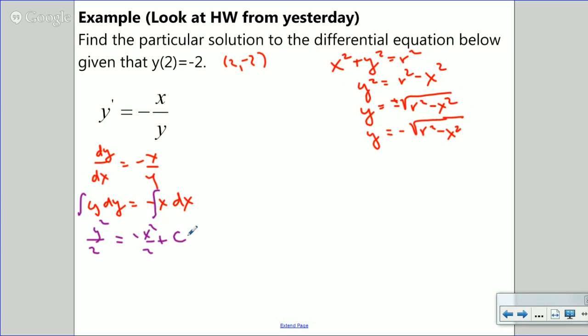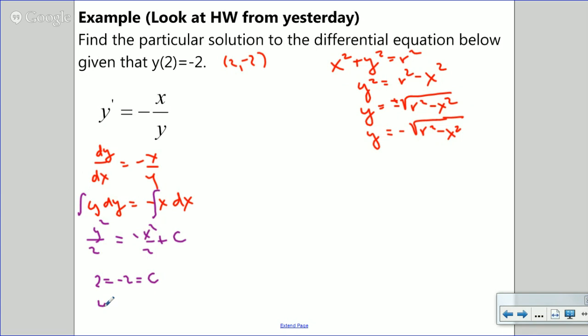So what do we do from here? Well, we plug in our initial condition, right? So 2 for x, negative 2 for y. So negative 2 squared is positive 4. 4 divided by 2 is 2. And then we have negative 2 squared over 2. So that'll be negative 4 over 2, which will be negative 2 equals c, right?